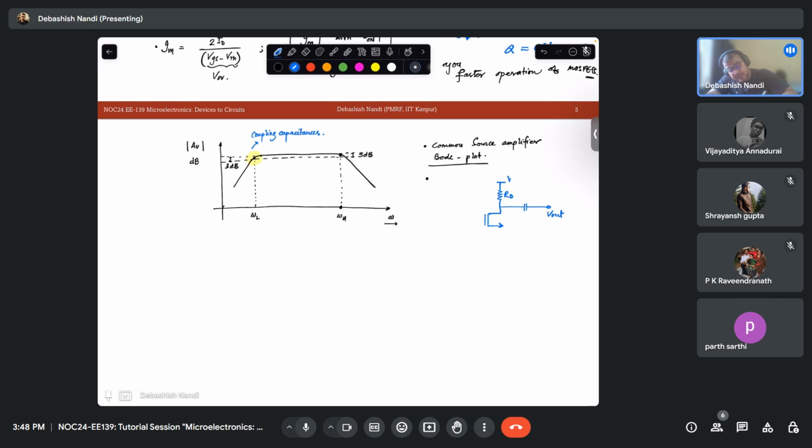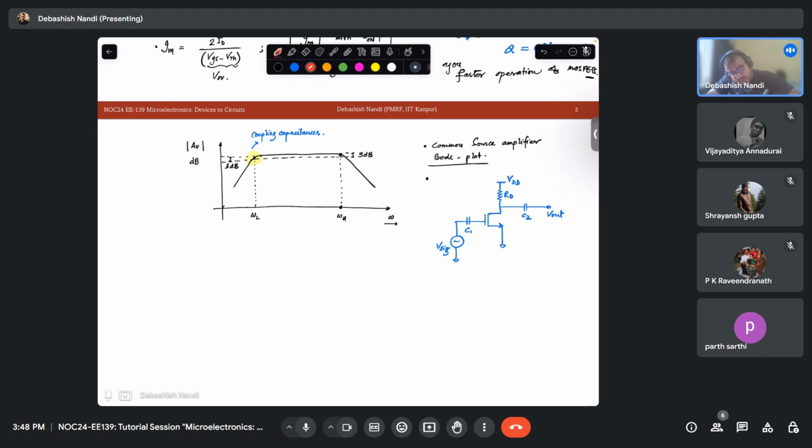This is your RD, this is your VDD. Then you will have your V signal. This is your C1, this is your C2, let's say, and this is how your circuit is.